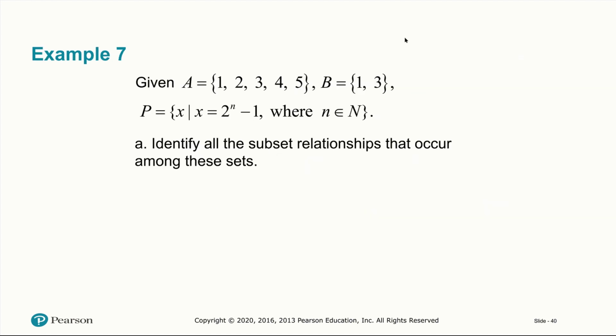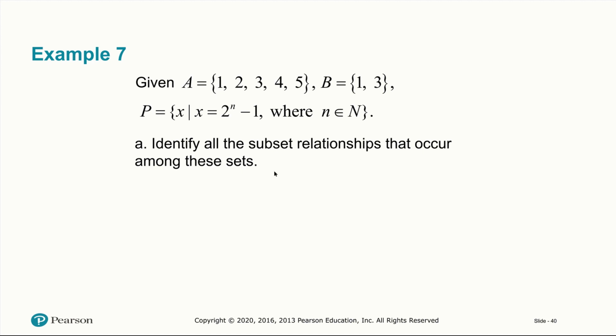All right, so here we have A equals the set composed of the numbers 1, 2, 3, 4, 5, and B, the set composed of the numbers 1 and 3. P suddenly is given to us in set builder notation. And we want to identify all the subset relationships that occur among these sets.